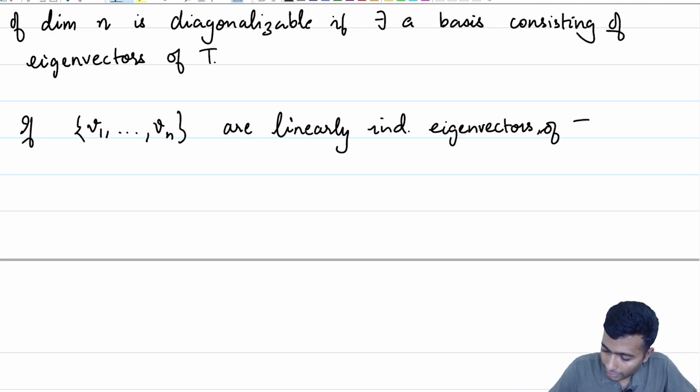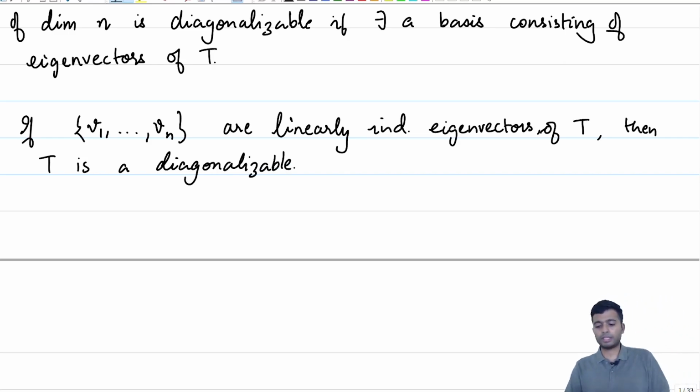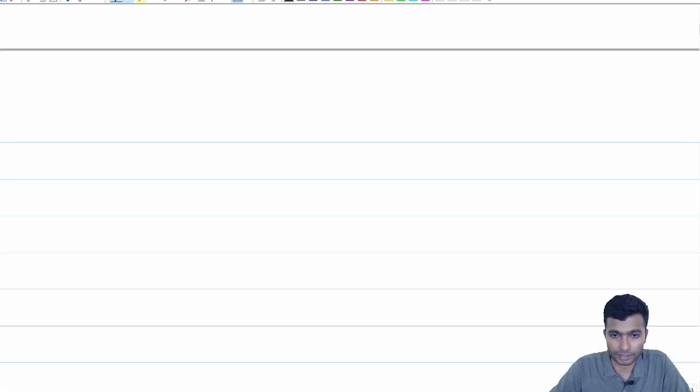So, if these are eigenvectors of T, then we have a basis of V consisting of eigenvectors of T, and hence T is diagonalizable. So, this suggests that studying when the eigenvectors of a given linear operator are linearly independent is of importance. Let us try to get hold of a condition when we can say this.